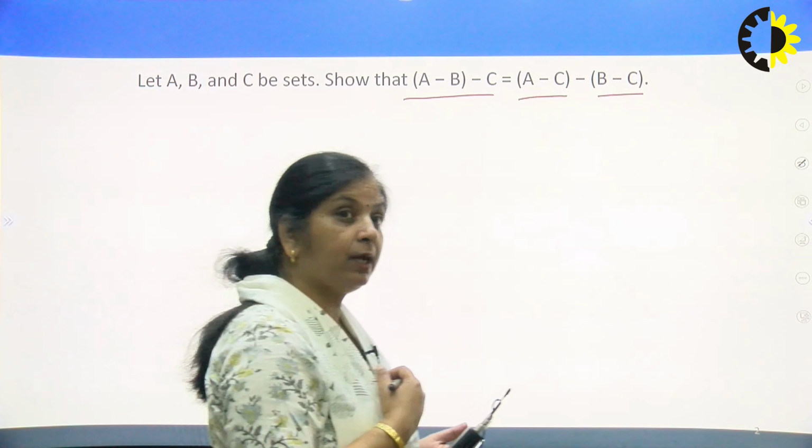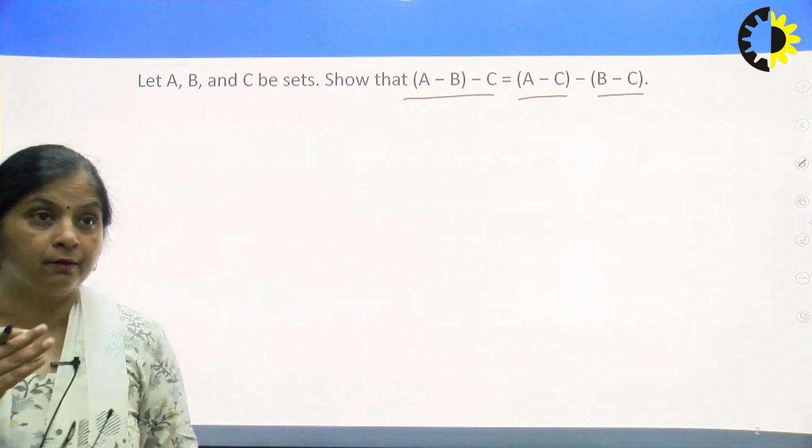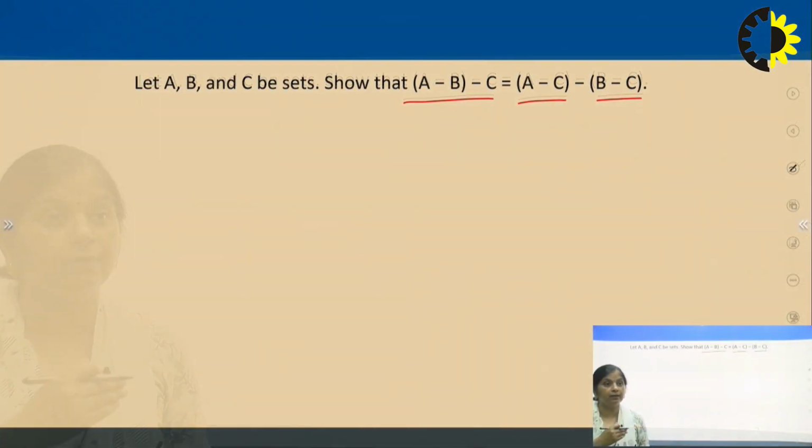As we know, two sets X and Y are equal if X is a subset of Y and Y is a subset of X. We will use this property of sets to prove that the left hand side, A minus (B minus C), is equal to (A minus C) minus (B minus C).